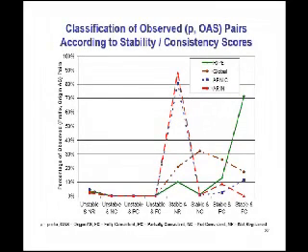Now, the next set of results tries to provide insights into how this data would perform for BGP origin validation. Here we are plotting prefix-origin pairs according to stability and consistency scores. On the y-axis is the percentage of observed prefixes over that 6-month period.